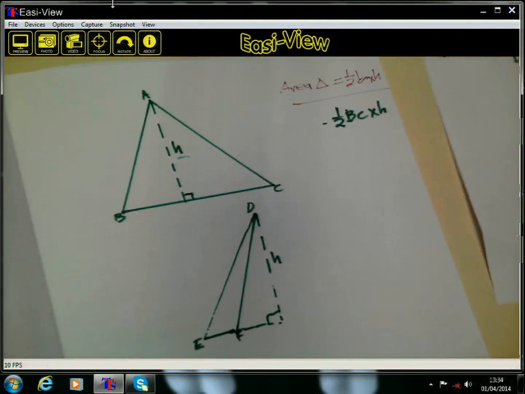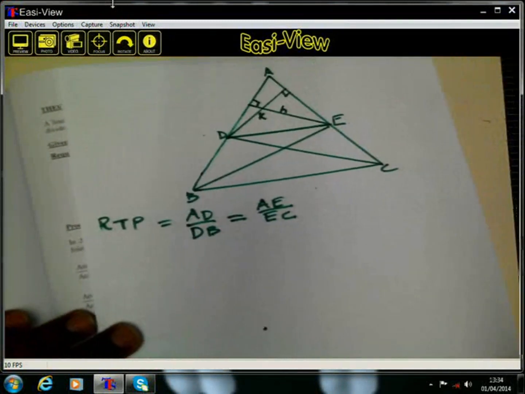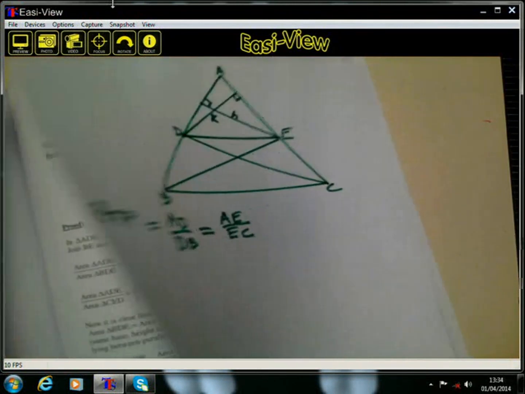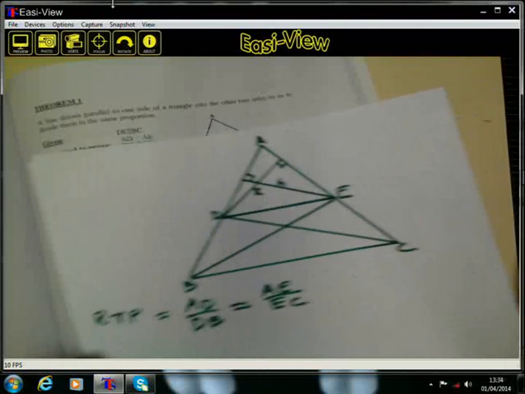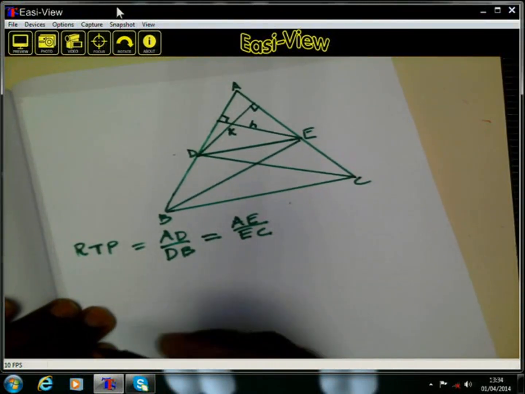Fine. Now let me go to my first proof. With my first proof, I want us to look at the area of triangle ADE. I don't want us to go the book way, guys.